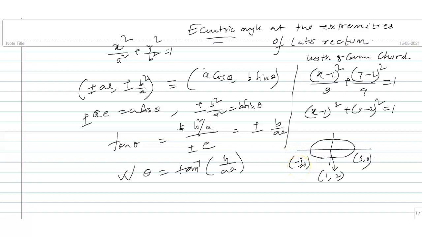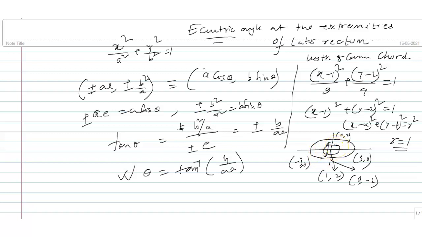And for the circle, the equation is (x - alpha)² + (y - beta)² = r², where the radius is 1 unit. That means, suppose on the minus axis this is (0, 2), this is (0, -2). So the circle will look like this, a short circle, because the radius is 1.